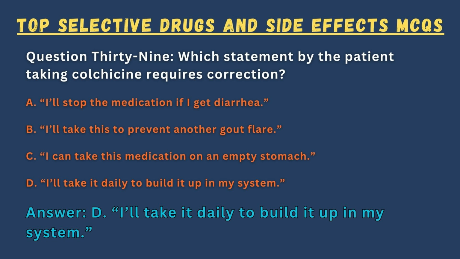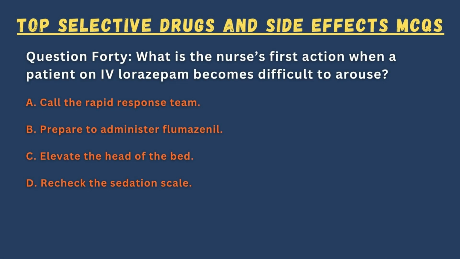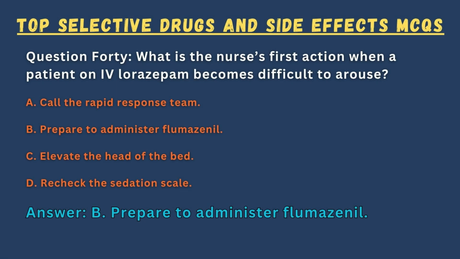Answer: D. I'll take it daily to build it up in my system. Question 40. What is the nurse's first action when a patient on IV lorazepam becomes difficult to arouse? A. Call the rapid response team. B. Prepare to administer flumazenil. C. Elevate the head of the bed. D. Recheck the sedation scale. Answer: B. Prepare to administer flumazenil.